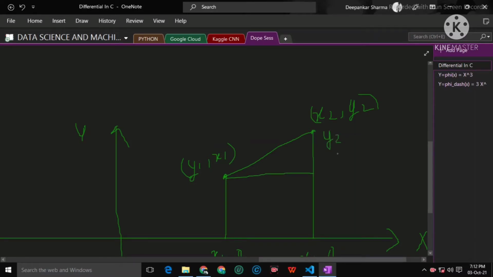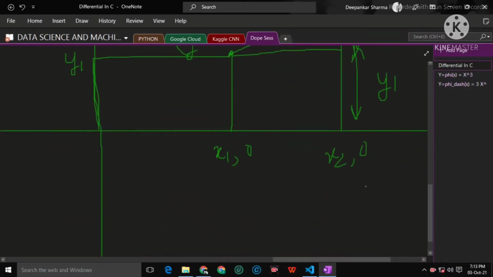Now look here, this is y2 from there to there, and this is y1, because y is a function of x, so we have y1 and y2. This part will be y1 and the remaining one will be y2 minus y1.